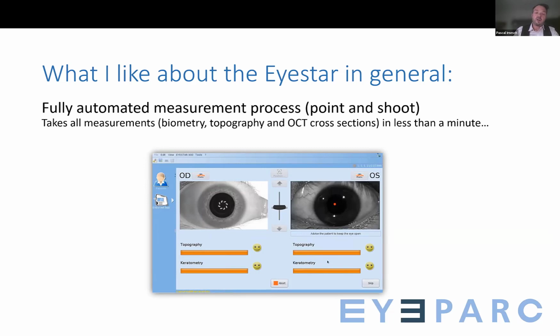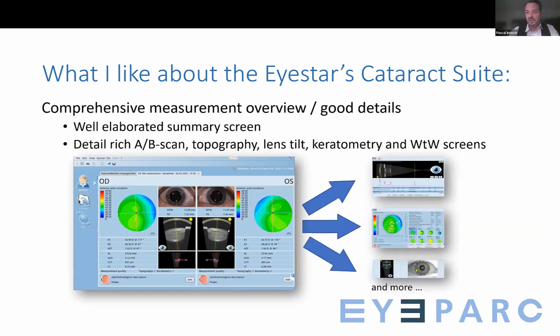So, of course, this is the ideal patient. We all know that not all patients are the same, but usually it works really fast. Then we have, and this is something I like very much in any software, just a comprehensive overview where we see everything that interests me in biometry.